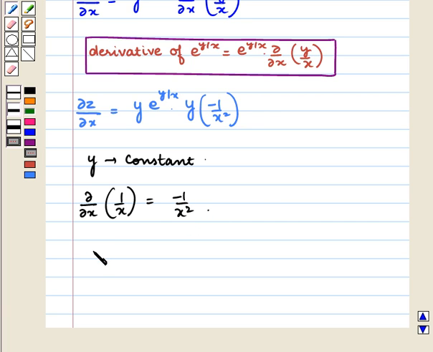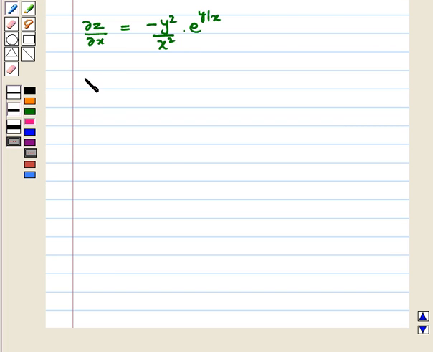So now del z by del x is equal to minus y square by x square into e raised to power y by x. Now we have to find del z by del y.